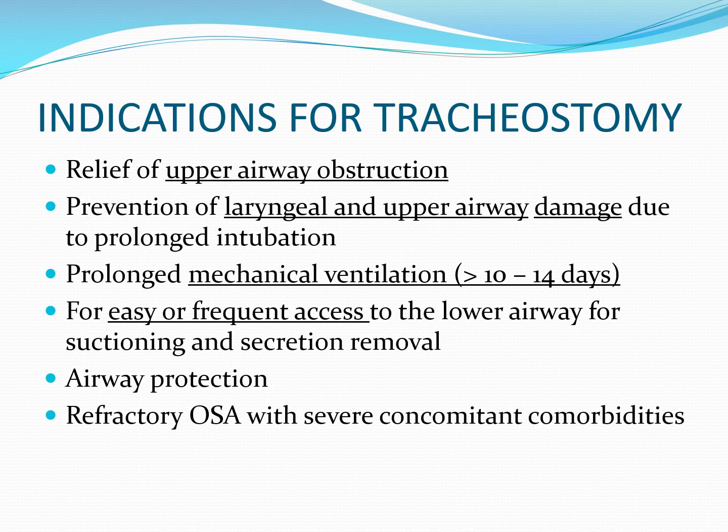We're talking about an obstruction that could be caused by some sort of a tracheal anomaly, such as a tumor, such as severe tracheal stenosis, or perhaps vocal cord issues or paralysis. In addition, another indication is the prevention of tracheal and upper airway damage due to prolonged intubation and mechanical ventilation.